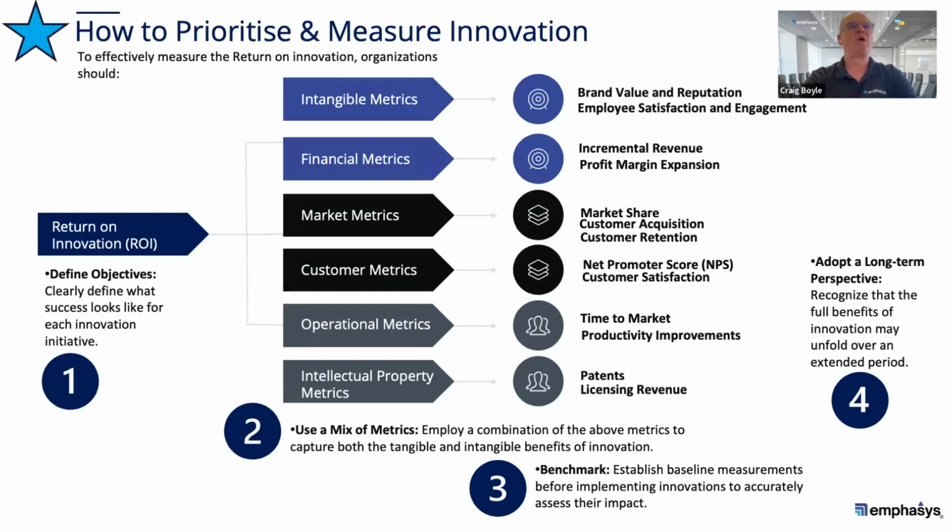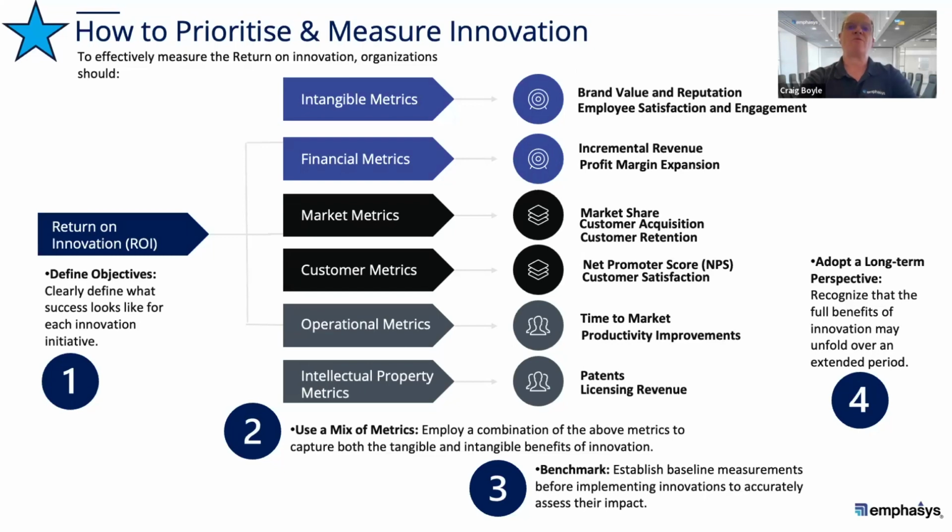And lastly, in this section, we hark back to the business case, return on innovation, and essentially looking at the metrics we need to be considering, as Glenn said: the intangible metrics around brand value, employee satisfaction, social media mining; the financial metrics around what revenue opportunities there are for the deliverable of the transformation; market metrics around market share and gaining more customers, getting greater access to customers by internally improved business processes, and net promoter scores.